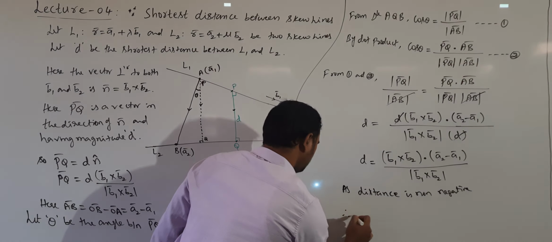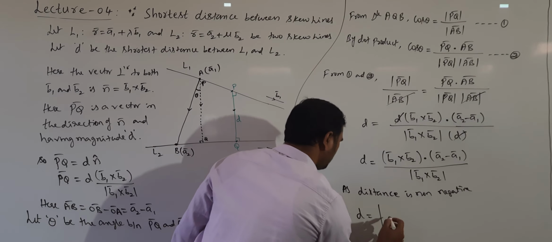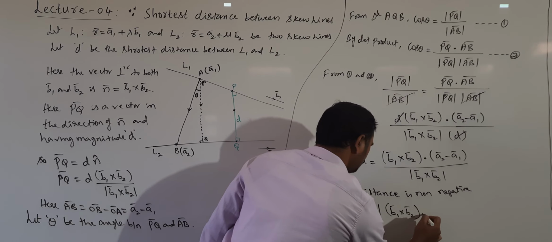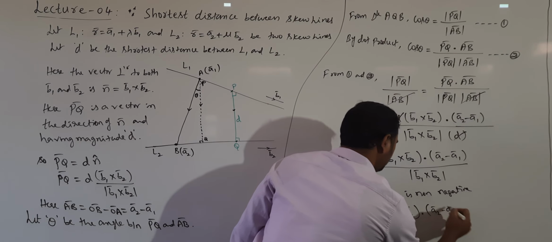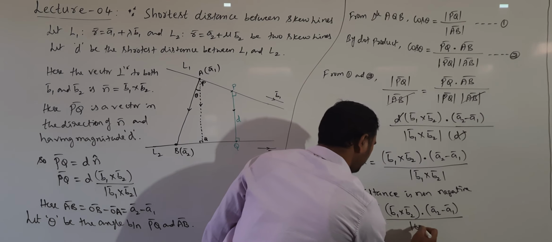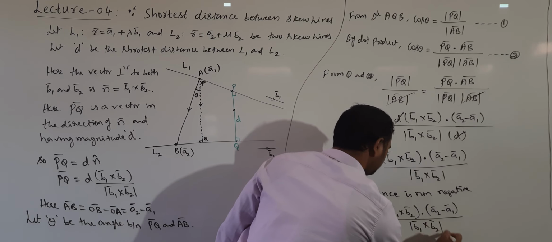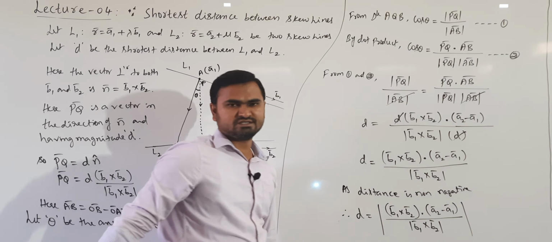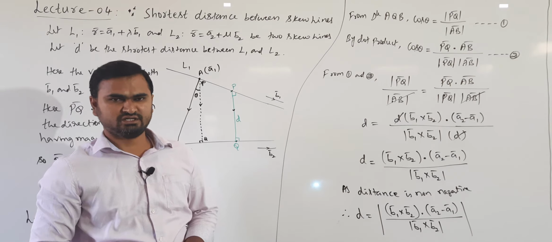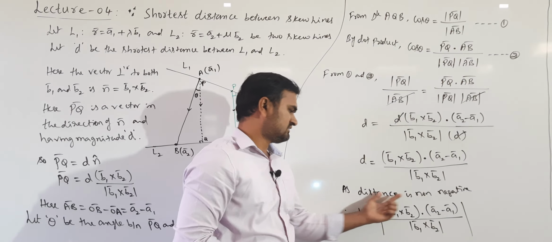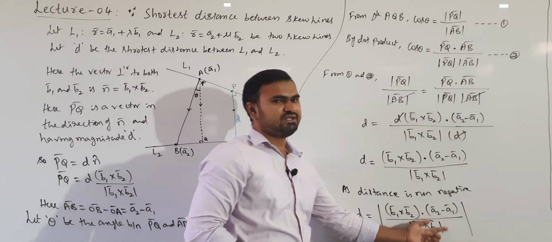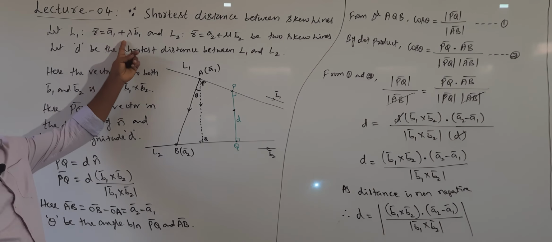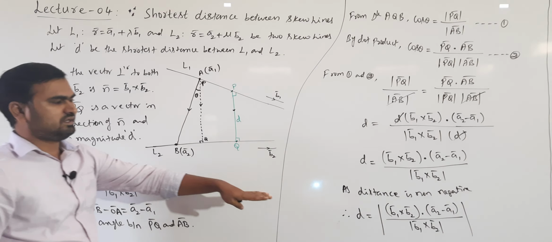Therefore distance d is equal to modulus of B1 cross B2 dot A2 minus A1 divided by magnitude of B1 cross B2. Whatever value we are getting here, we are just taking the modulus so that distance is non-negative. Understand? So this is the formula for finding the distance between skew lines when they are given in vector form. Okay, so this is in vector form only.